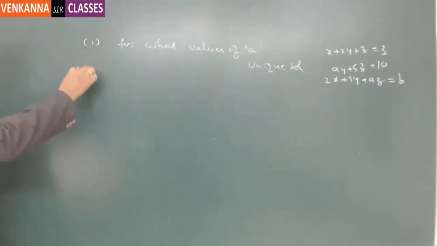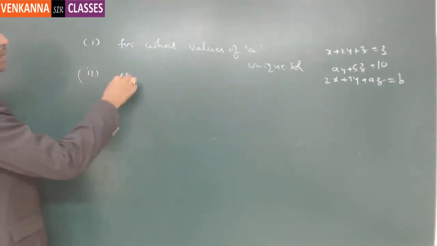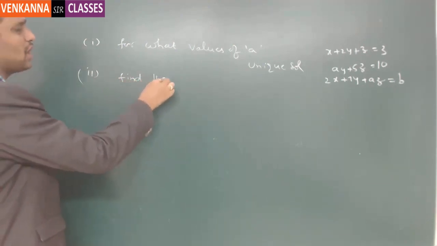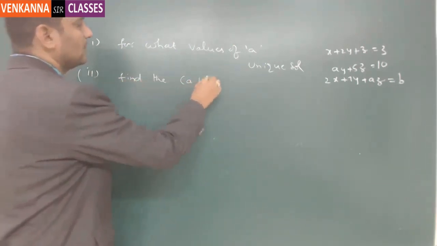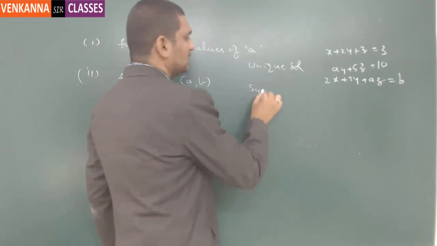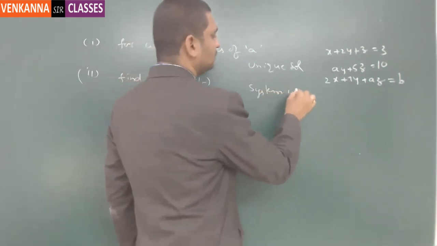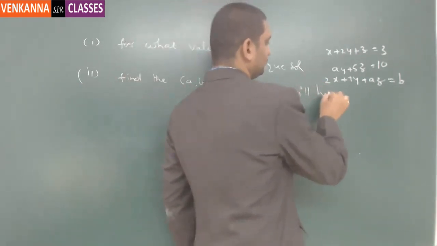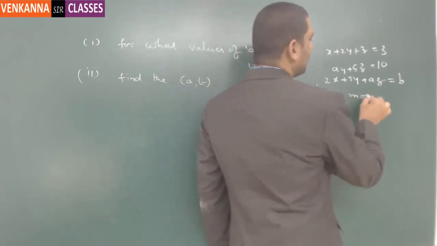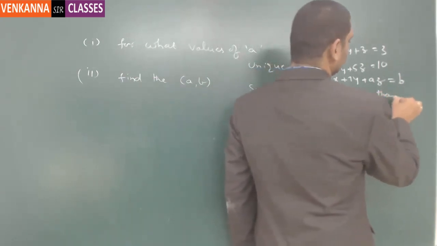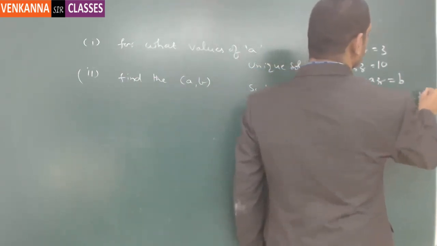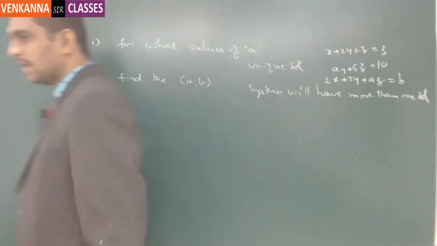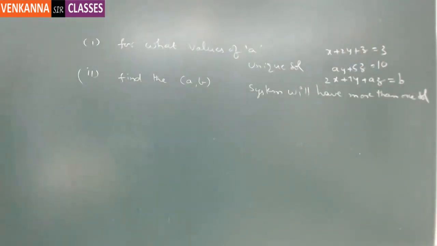And the second part is asked as: find the values of a and b so that the system will have more than one solution, in other words, infinitely many solutions.